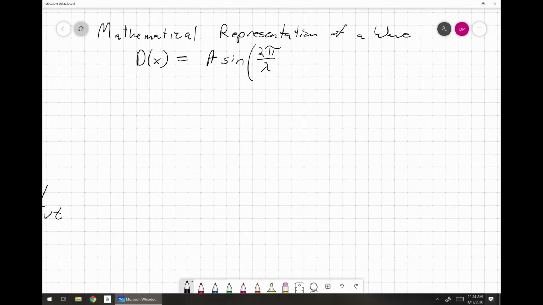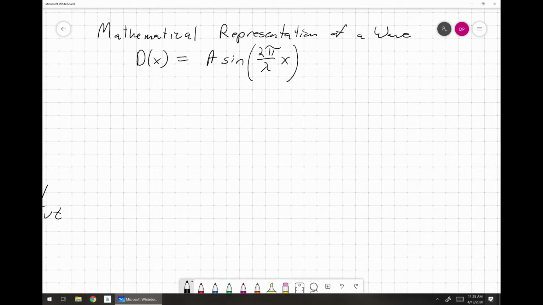Sine waves and cosine waves have this inherent 2 pi to their period, right? So 2 pi gets you all the way back to where you started from. If we take that 2 pi and divide by our wavelength, and then multiply by some position x, that will tell us how far from equilibrium that particular point should be displaced, in terms of this total overall amplitude.